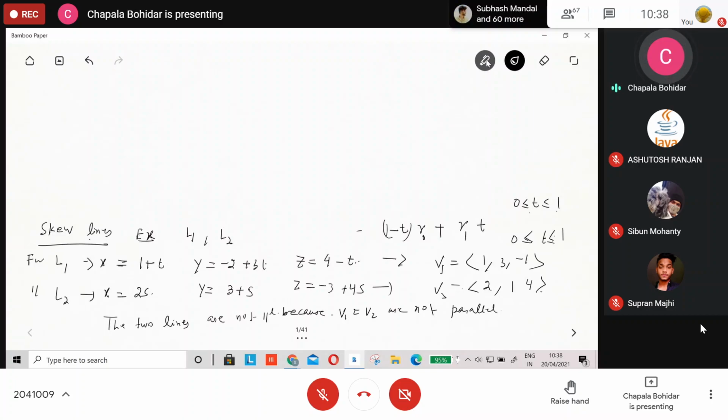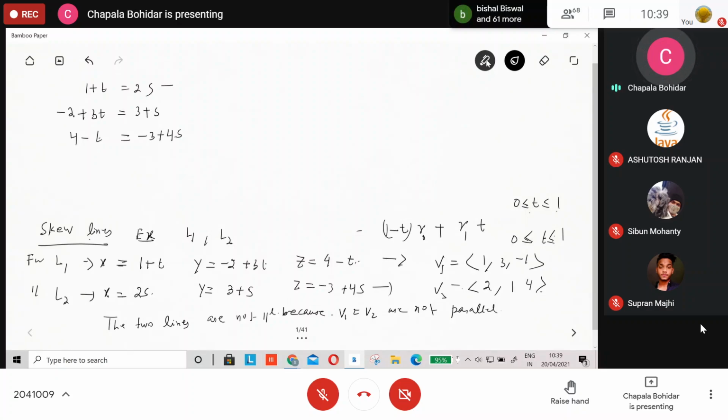For the value of x, x is equal to 1 plus t in L1, so I can write 1 plus t is equal to 2s, since in L2, x is equal to 2s. And minus 2 plus 3t is equal to 3 plus s. Then 4 minus t is equal to minus 3 plus 4s.